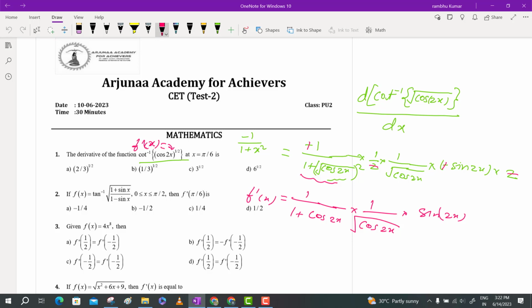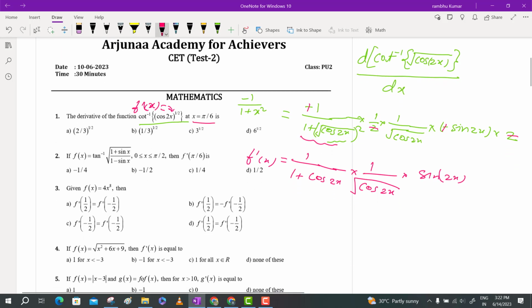Now they are asking to find that derivative at x equal to pi by 6, which means we substitute pi by 6 in place of x. We will get 1 by 1 plus cos pi by 3, into 1 by root under cos pi by 3, and then into sine pi by 3.